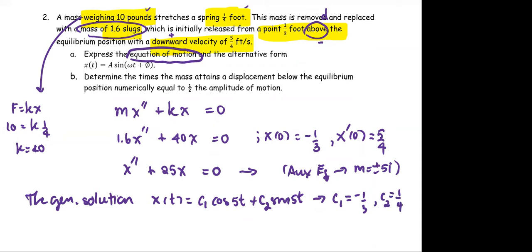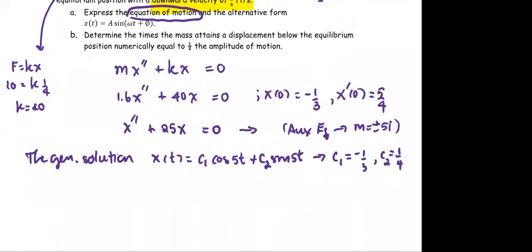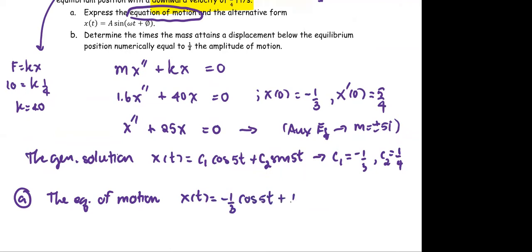Then we get the solution in the form of the equation of motion. That is part A: x at t equals negative 1/3 times cosine 5t plus 1/4 times sine of 5t.